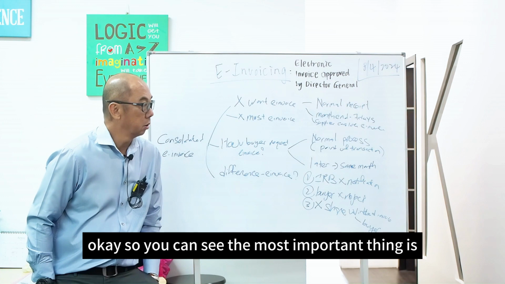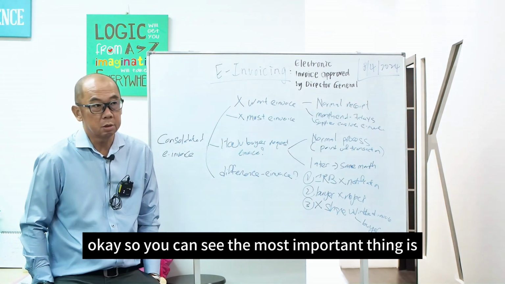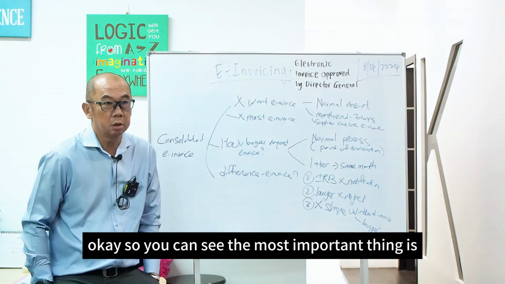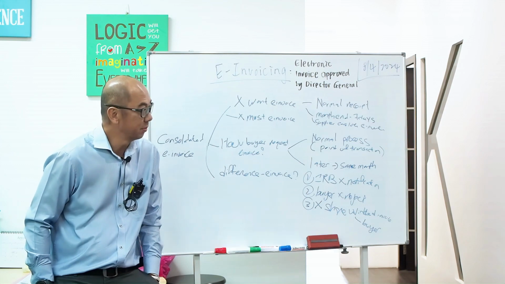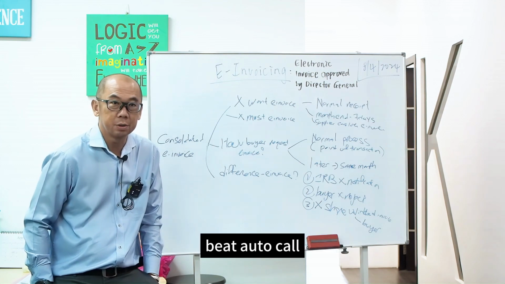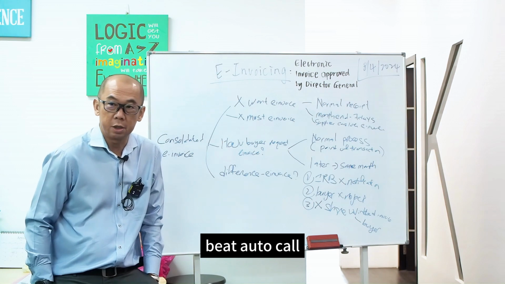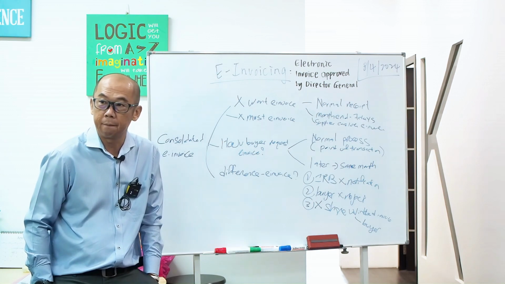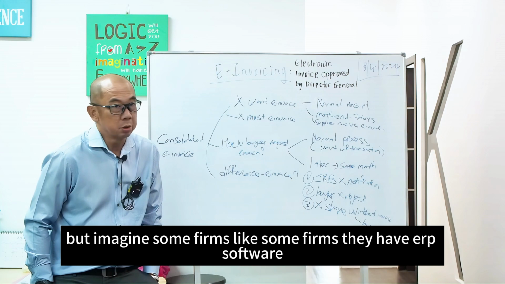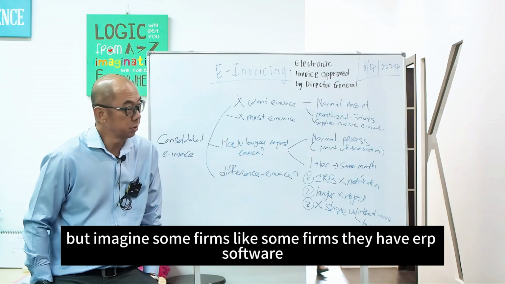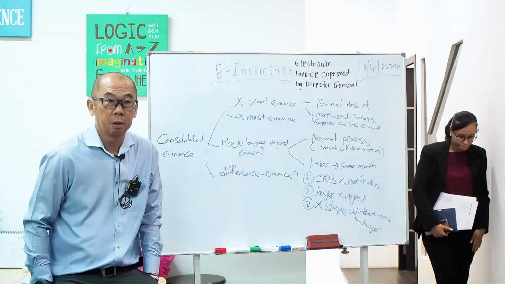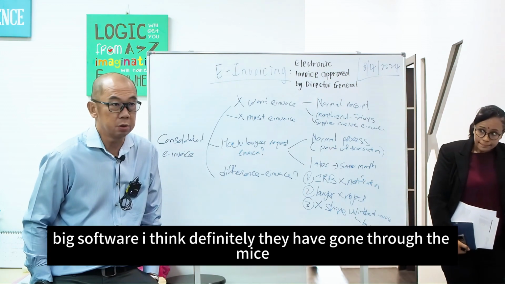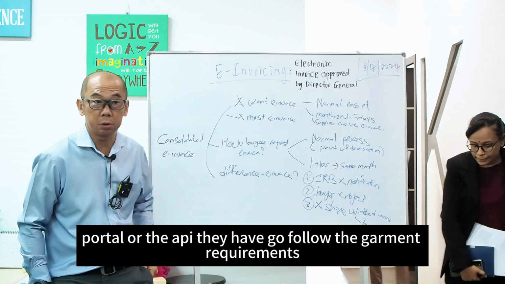So you can see the most important thing is you must have a system, be it AutoCount, SQL, things like that, right? But imagine some firms have ERP software, SAP, big software. I think they definitely have to go through the e-invoice portal or the API.